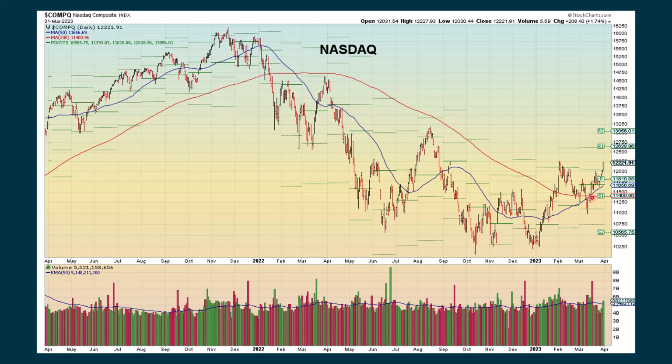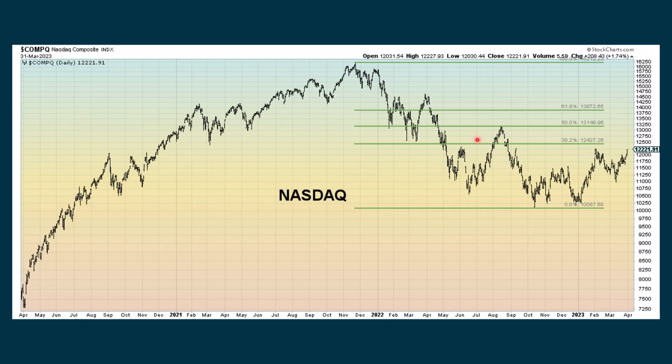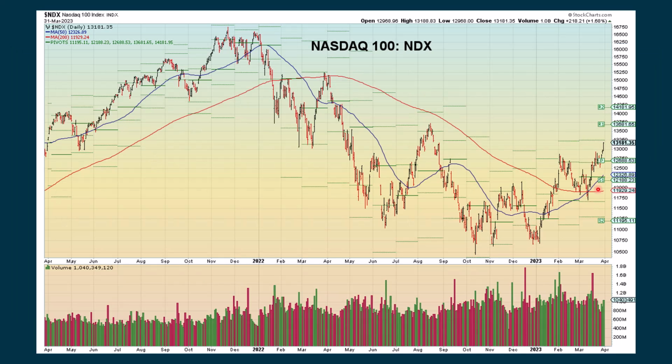The NASDAQ, recent golden cross, is trying to break out, but looking at some potential resistance at a previous high. Based on Fibonacci levels, we never did get back up to this 38.2% retracement. We're going back and retesting this high now. Can we break above that, or are we going to fall back down as the market is overextended to the upside? The NASDAQ 100 is also showing some strength, broke previous highs.